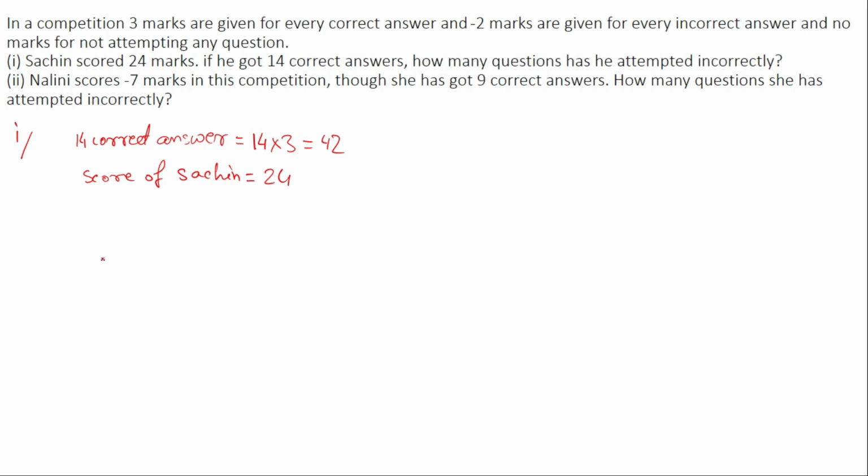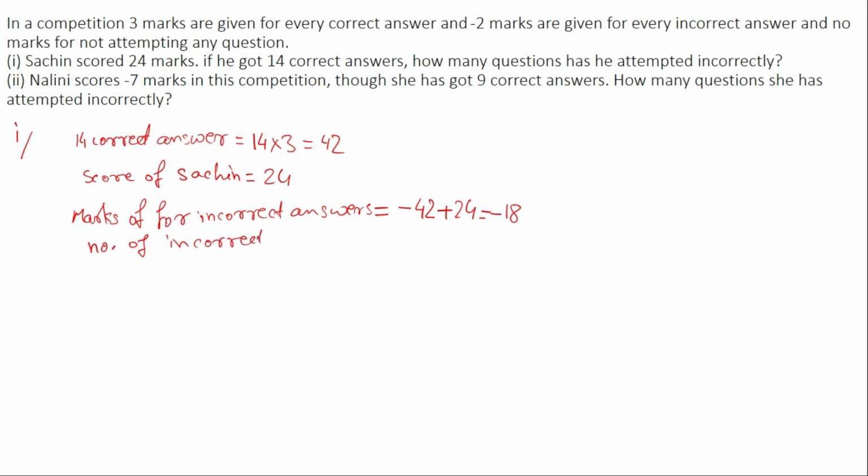So marks obtained for incorrect answers is equal to minus 42 plus 24 is equal to minus 18, and the number of incorrect answers is equal to minus 18 divided by minus 2, that means 9.